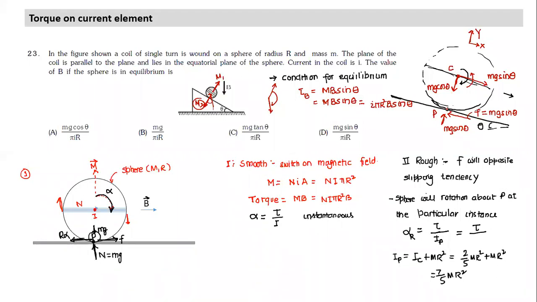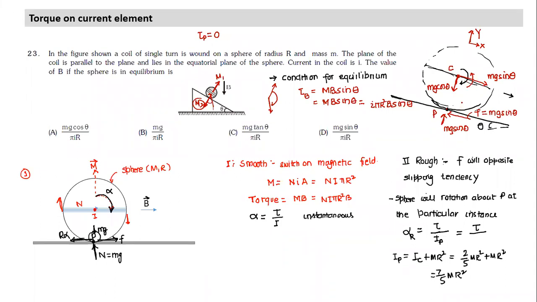If I take torque about this point to be 0, what is the torque due to mg sine theta? The torque due to this component is 0, since mg cos theta passes through point P. If I take the summation of torque about point P to be 0, of all the forces, mg sine theta, mg cos theta, normal reaction and friction, only one force has non-zero torque, which is mg sine theta.